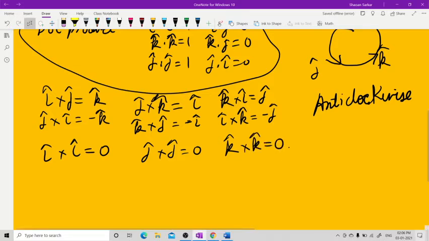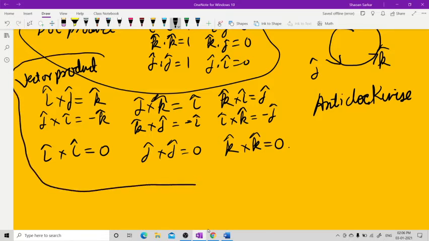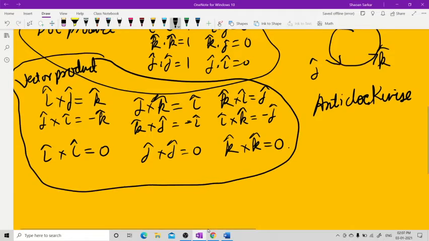So this is the difference between the dot product, and this is what is known as vector product. This is the concept.